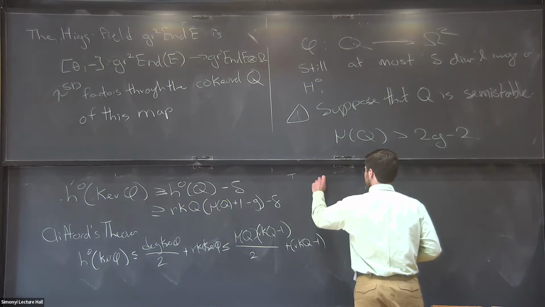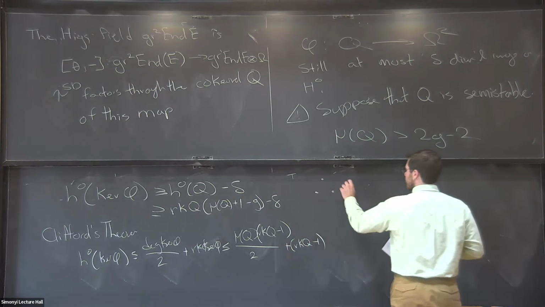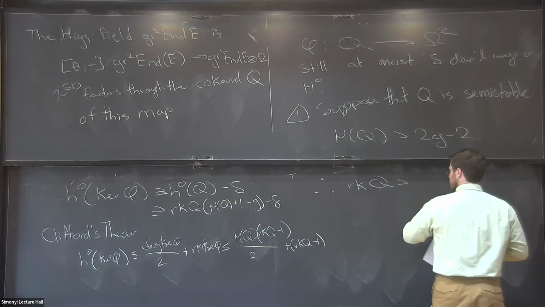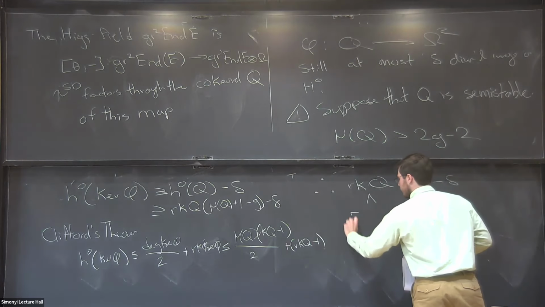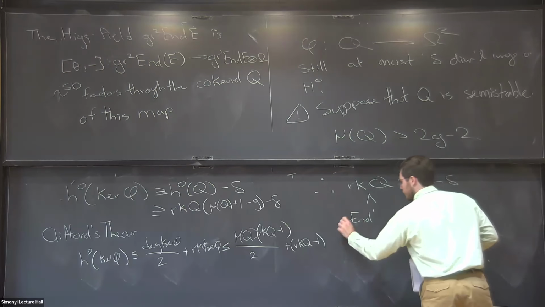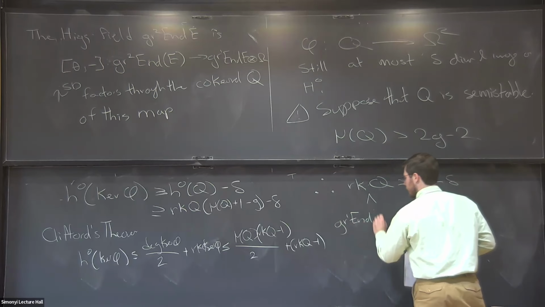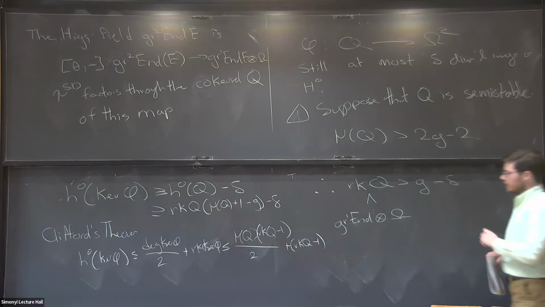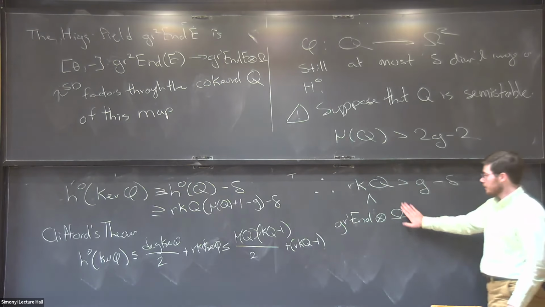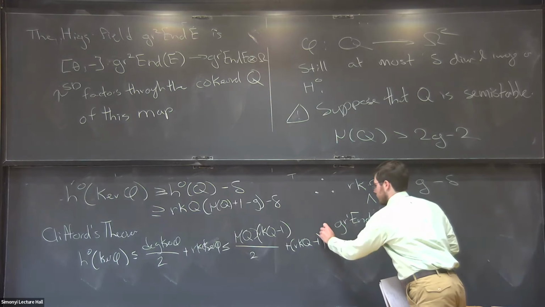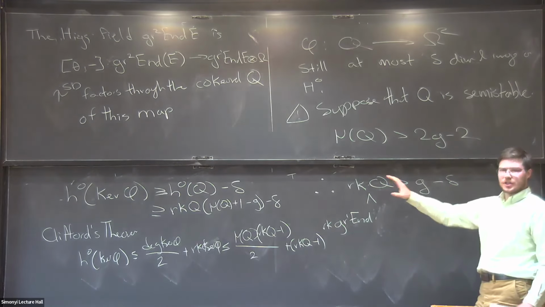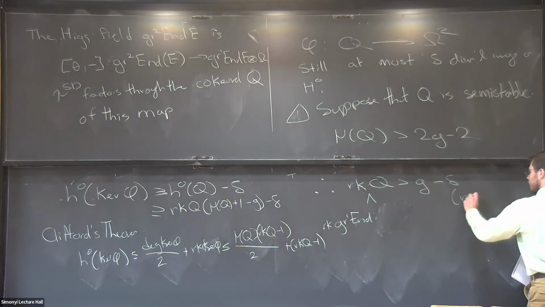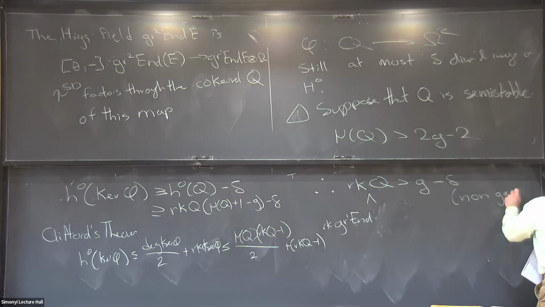And so simplifying, you get precisely that the rank of Q is going to be greater than g minus delta. This is a quotient of endomorphisms of E, GER 1. So omega. So the same bound is going to be true for just the rank of this. And I should just say that this type of argument here is called a non-GGG lemma. Non-GGG argument.